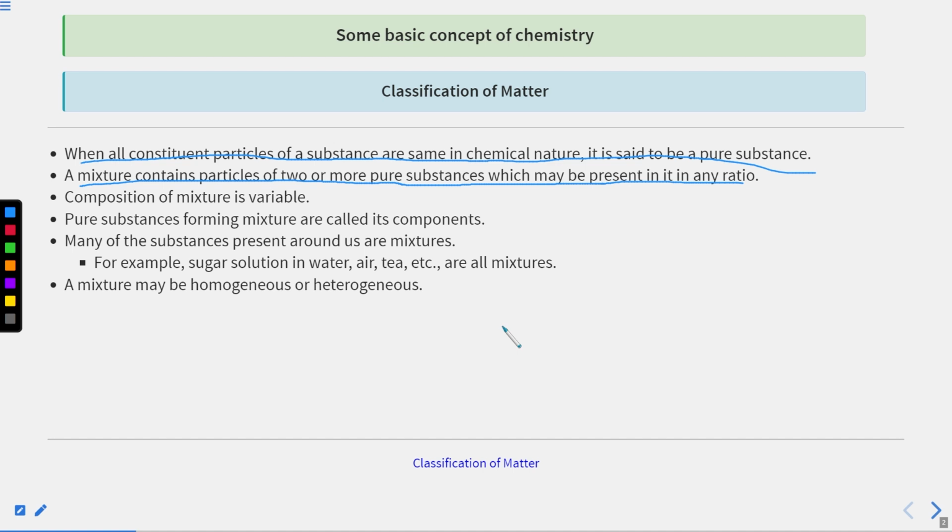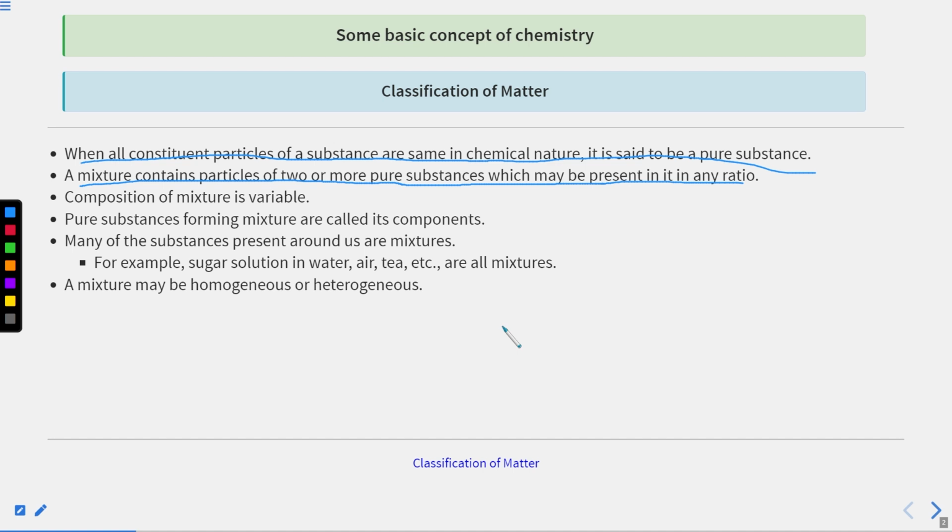So if you take a particle from one side and a particle from a different side, suppose you take a particle from the top of the water, then the chance is that the particle you have taken is an oil particle. But if you take a particle from the bottom side, then the chance would be that it is a particle of water. So that is an example of a mixture, because all the particles are not identical.